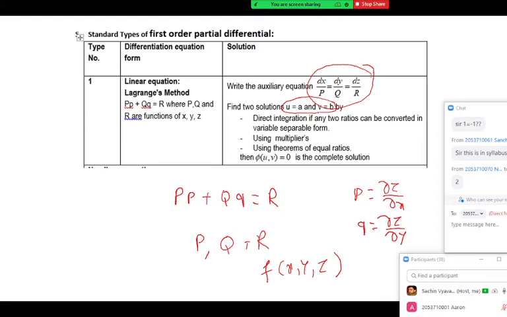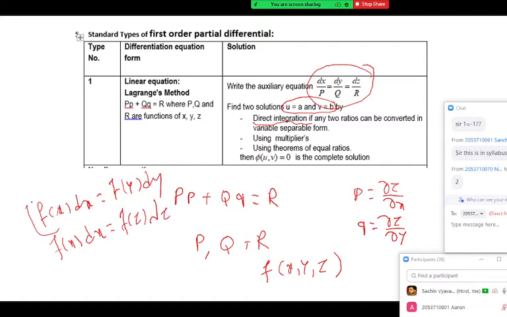To get u equal to constant and v equal to constant, we have three ways. First way, direct integration. We can get a solution by observation only. Just observe this auxiliary equation and check whether it can be separated in variable separable form, like f(x) dx equal to f(y) dy, or f(x) dx equal to f(z) dz.